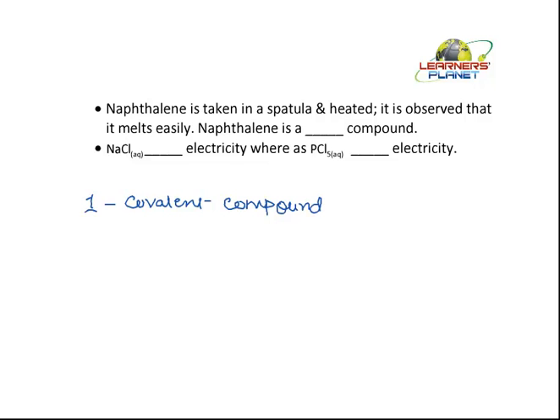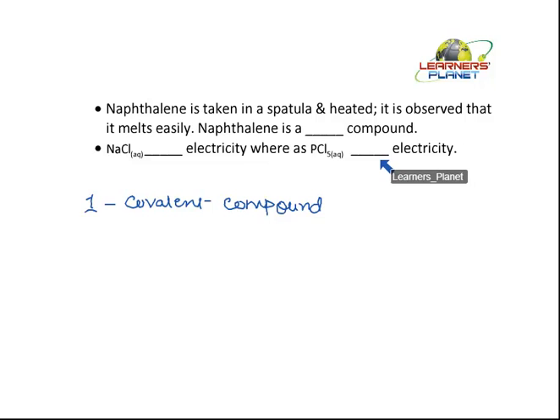So remember, the ionic compounds are in the form of crystals and they are non-volatile. Whereas covalent compounds can be either solid or liquid or gaseous and they are volatile. That is NaCl aqueous dash electricity, whereas PCl5 aqueous dash electricity.